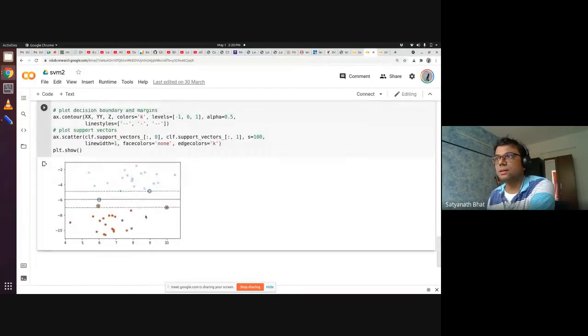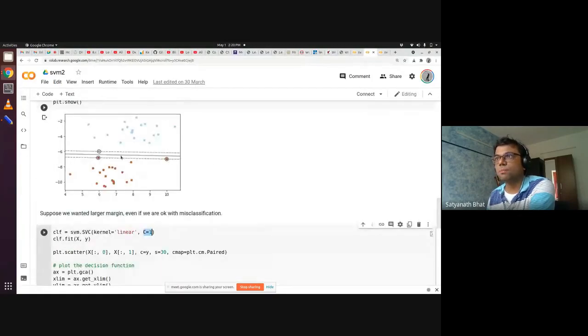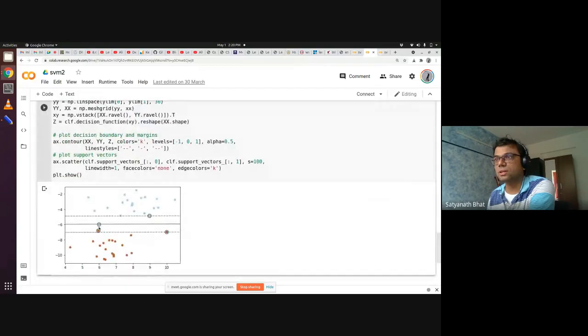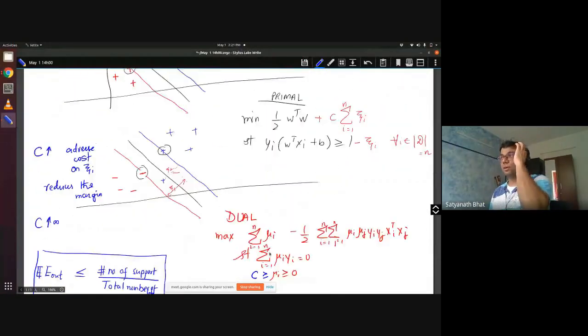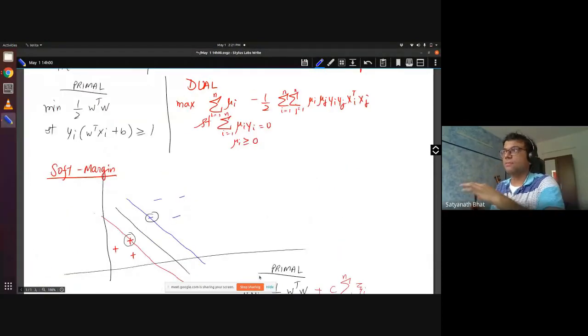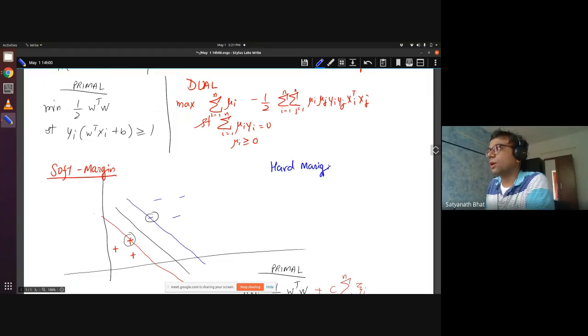When you reduce C, now what happens? Whatever were the original support vectors, those are going to continue to remain, and there are two additional ones. In the context of the hard margin, if you remember our discussion from yesterday, we called S the collection of all the points where mu i is strictly greater than 0, right?